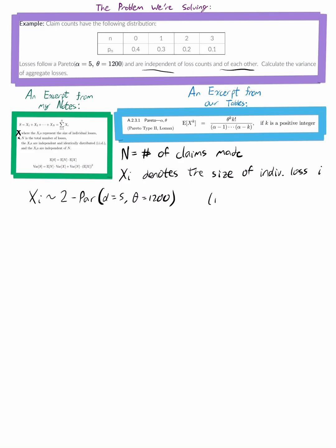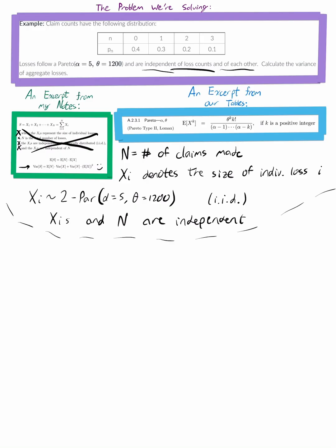So they're IID. That checks off this one. And we're also given Xi's and N are independent, which checks off all four of our requirements. Everything works nicely, and we can apply this formula for the variance.